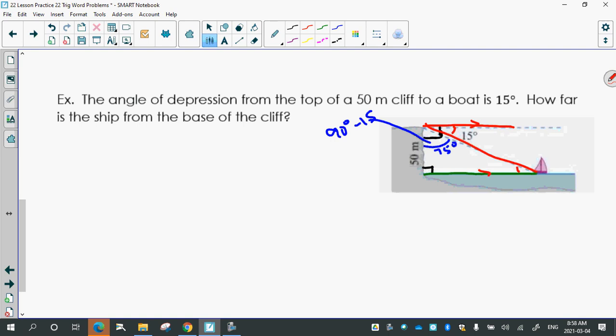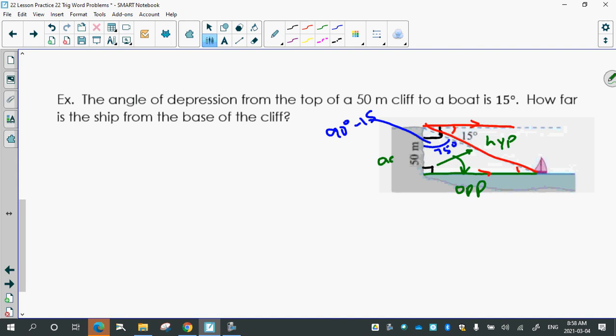Okay. So based off of that and the 50 meters, if I'm naming it off the 75, this would be my opposite side that I'm trying to find. Is everybody good? And then across from the right angle is my hypotenuse.